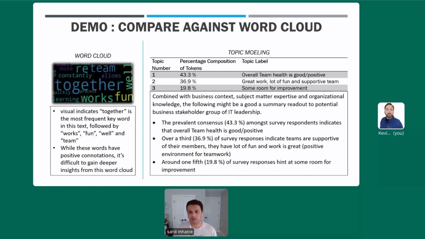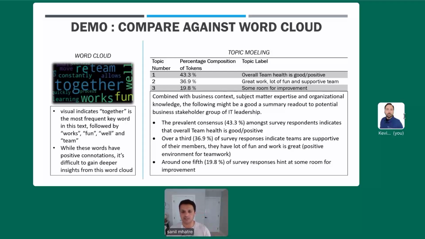The second topic, which is about 37%, the way I can present that summary to the IT leadership group, my stakeholder, would be about a third of the survey responses seem to indicate that the teams are supportive of their team members, and the team members seem to have a lot of fun. Work is great. So, overall, there is a positive work environment in the team.